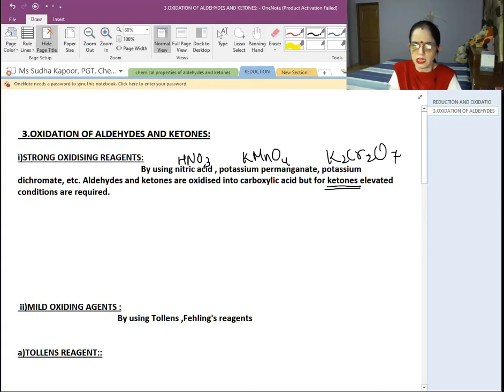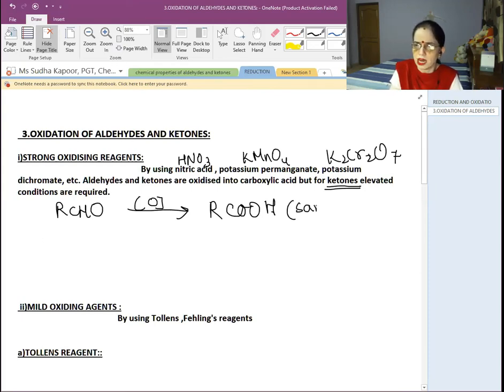So let us first see what happens in the case of an aldehyde. If an aldehyde is treated with a strong oxidizing agent, we can write the name of any of these oxidizing agents over the arrow. Then we will get the carboxylic acid, and you can see that the carboxylic acid has the same number of carbon atoms.